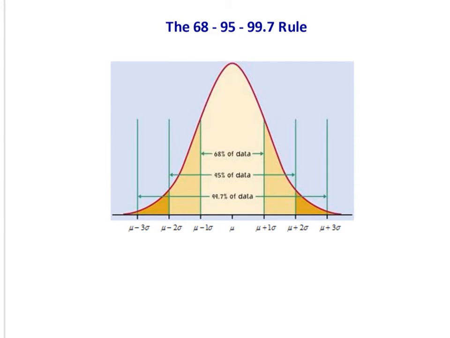So this is what it looks like on a graph. If I think about my mean in the middle, if I add one standard deviation, well, I'm going to be a little bit above the mean. And if I subtract one standard deviation, I'm a little bit below the mean. And this rule says that 68% of the data is going to be within that range.